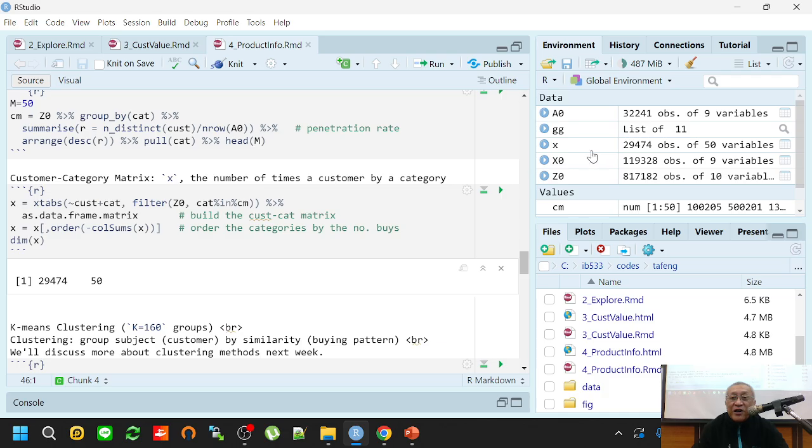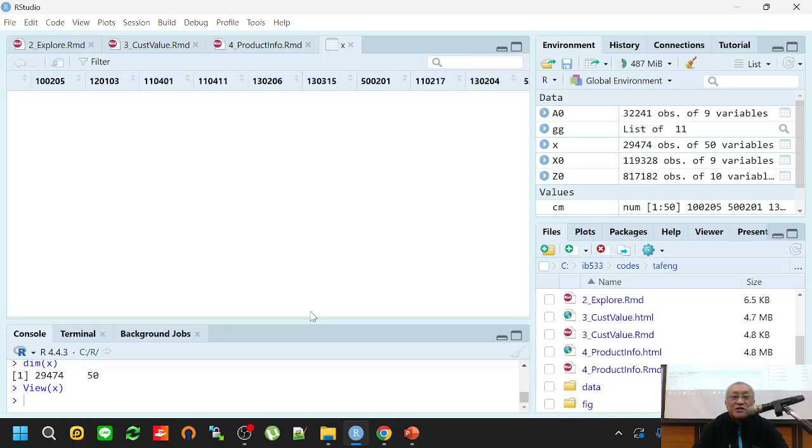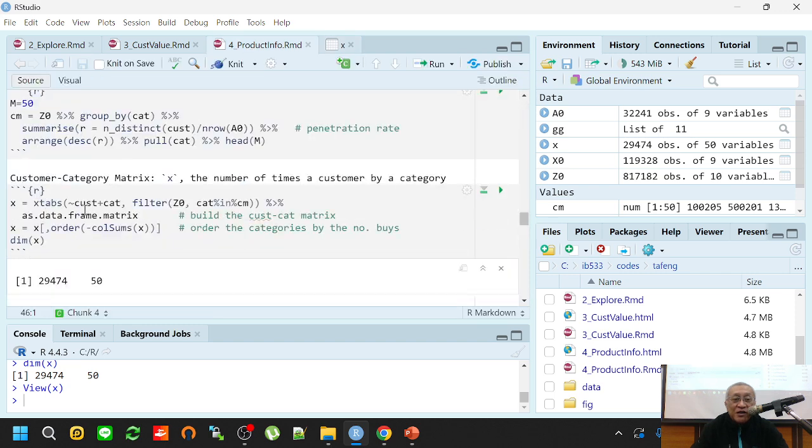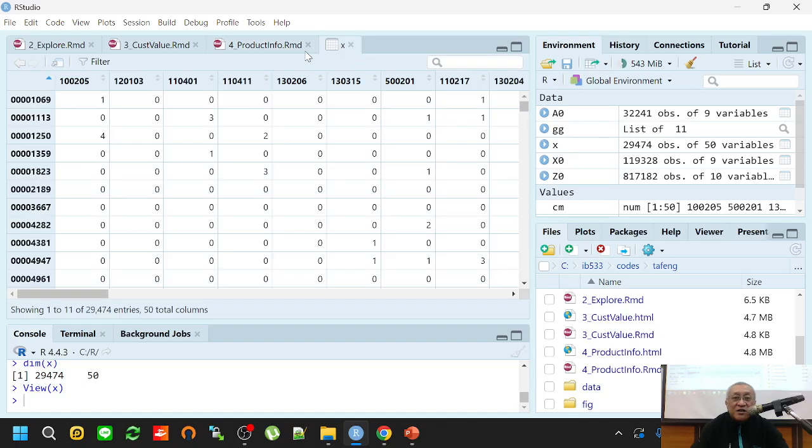Now, after doing that, I will have a matrix X. In this matrix X, as I told you, if in the code I do not put anything before this tilde, it is the count. Which means that this is a customer, and this customer buys this category 1 time, and this customer buys this category 3 times.